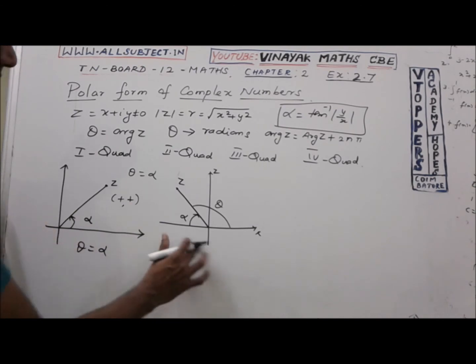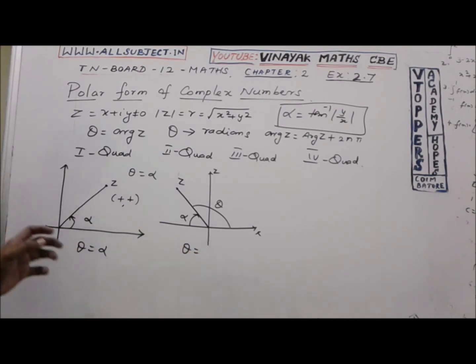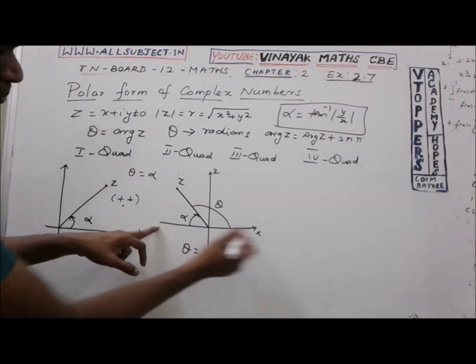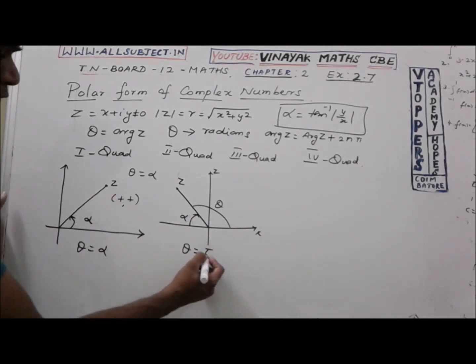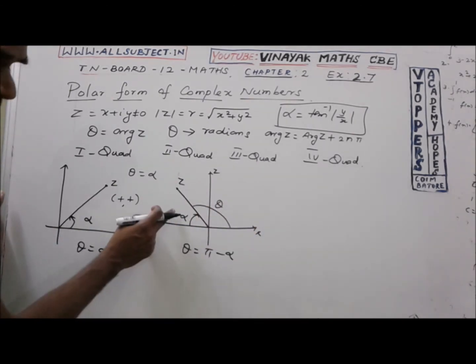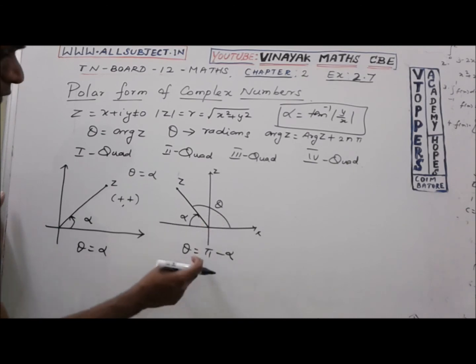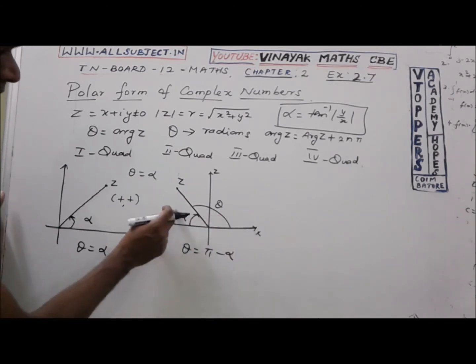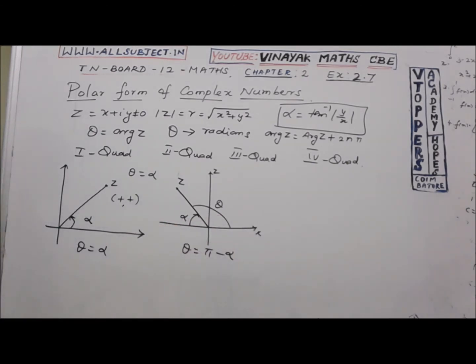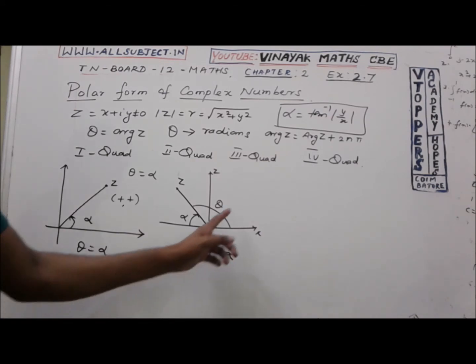Theta is calculated by the formula: the total value is pi, so from the total value pi we subtract alpha. So theta will be equal to pi minus alpha, the angle made by the complex number Z.